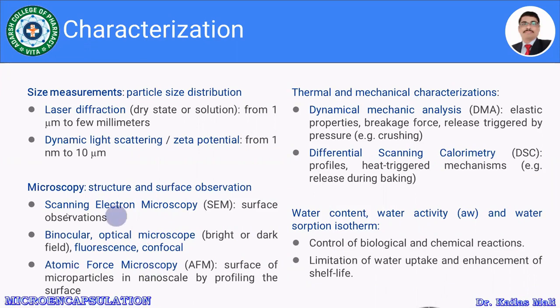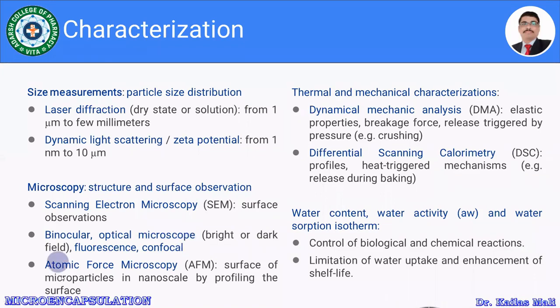Widely, scanning electron microscopy is used to get the idea about the surface of the prepared microparticles. Generally, the binocular, optical microscope, or fluorescence or confocal microscope is used to get the idea about the shape of the microspheres or the microparticles.